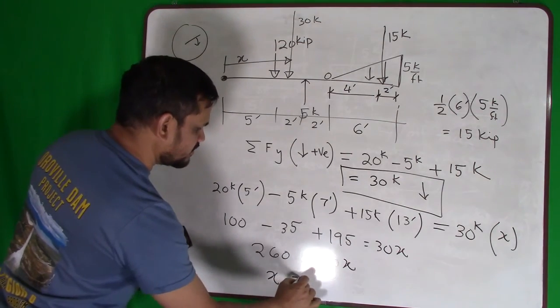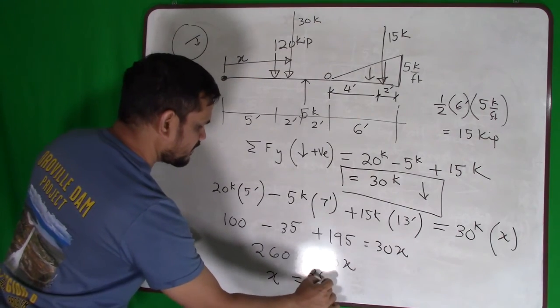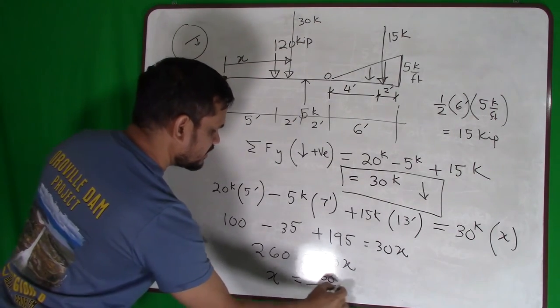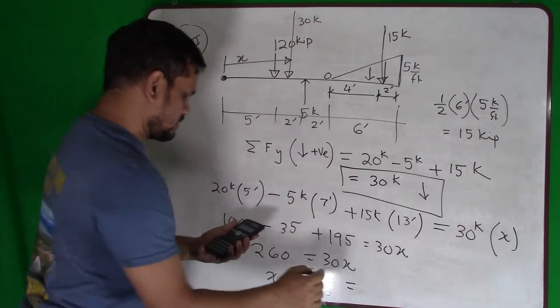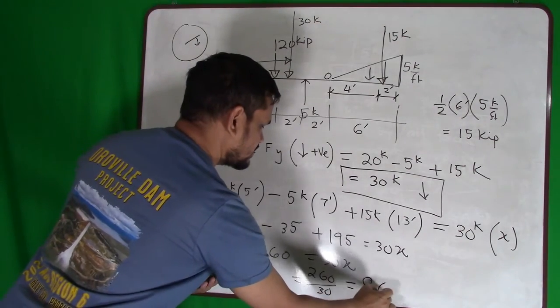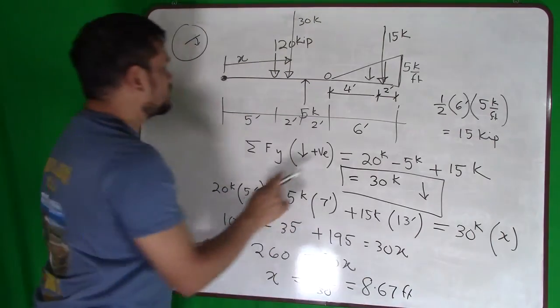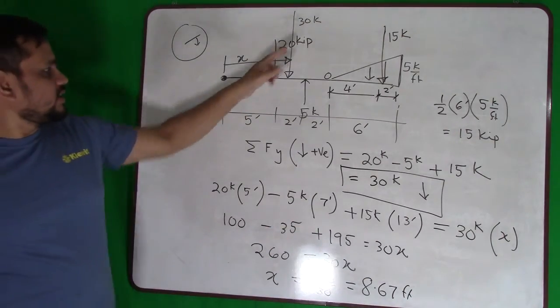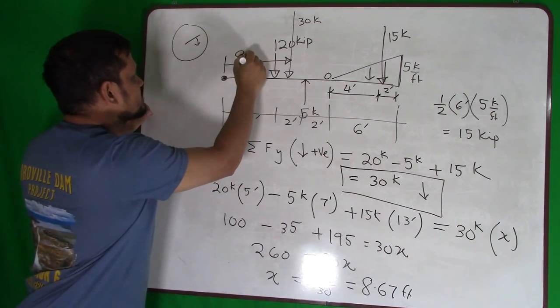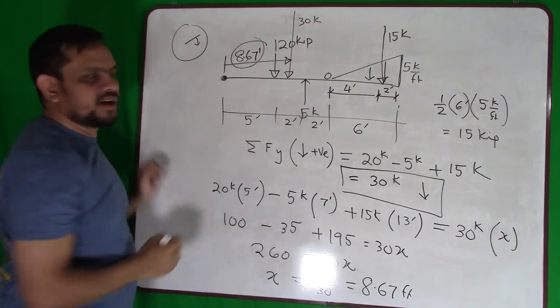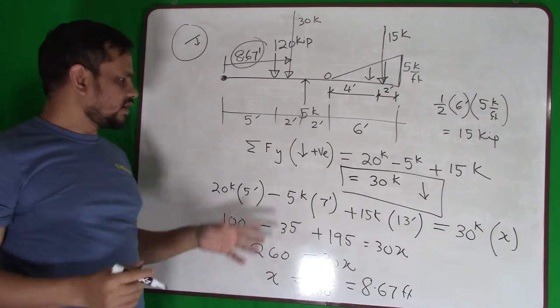So my x will be 260 divided by 30, 8.67 feet. So my resultant is acting at this distance, 8.67 feet. If my calculation is right, it is right.